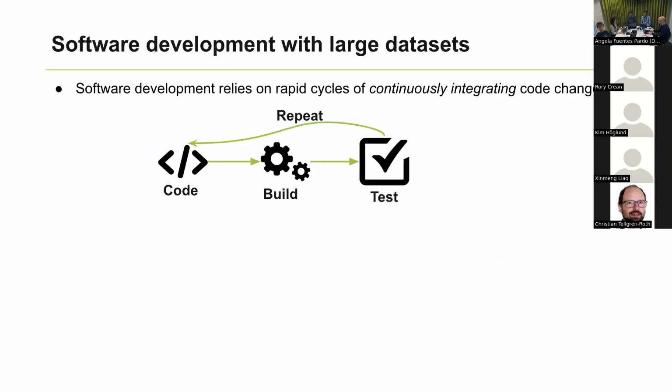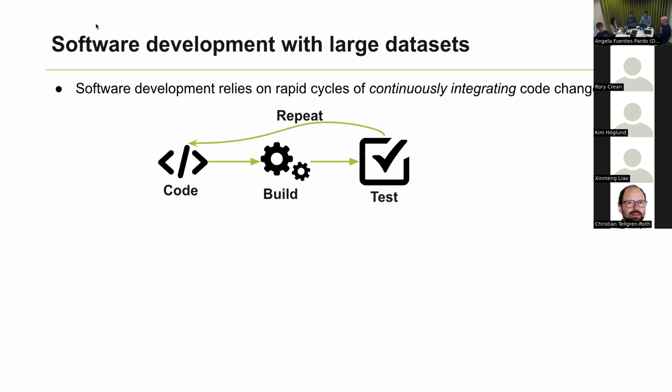So rather than talk about all of the different aspects, I wanted to try and focus on one thing and how we approach this problem. And that is that we're doing software development, which involves working with large data sets. Typically in software development, you rely on rapid cycles of continuously integrating your code changes.